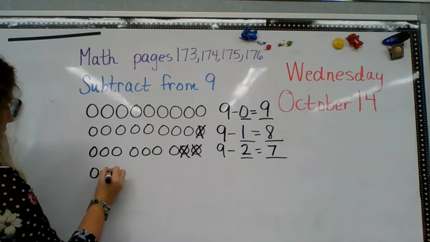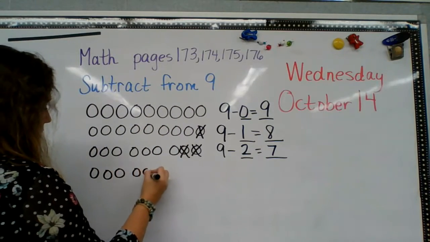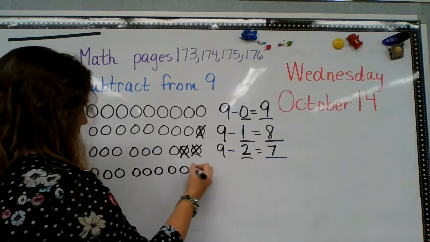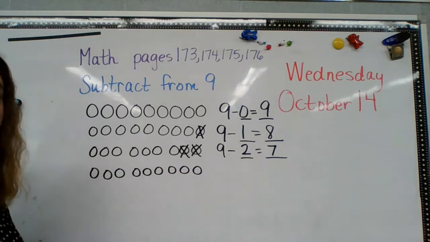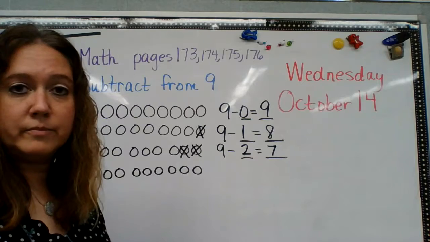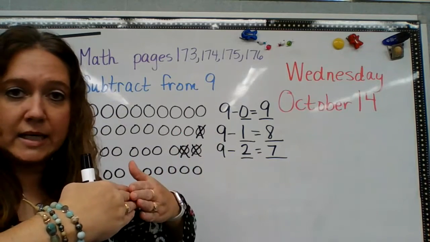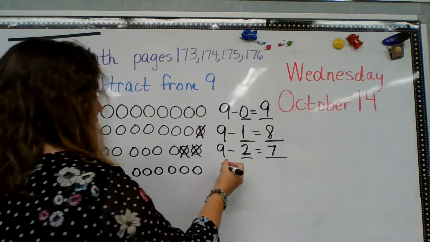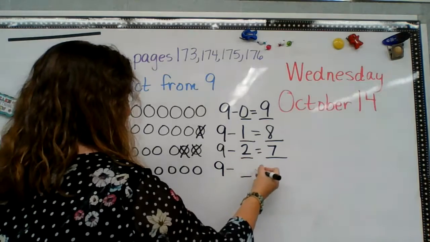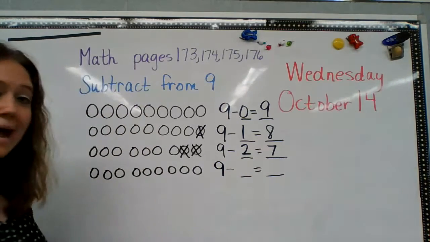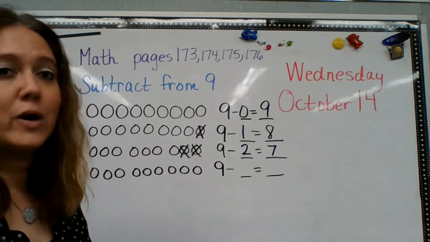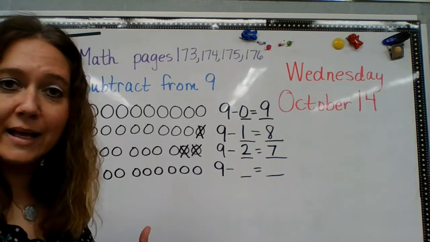Okay, starting off with 9. If you're using pieces, start off with 9 again. Your number sentence, 9 minus blank equals blank. How many are we going to cross off, or how many are we going to take away?